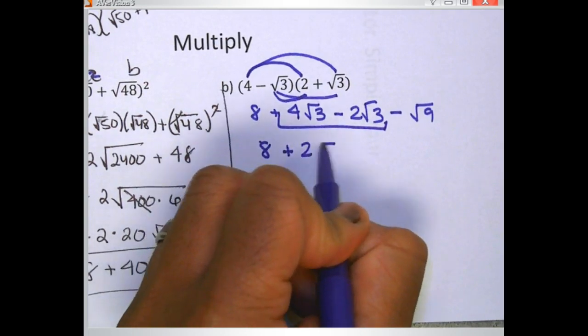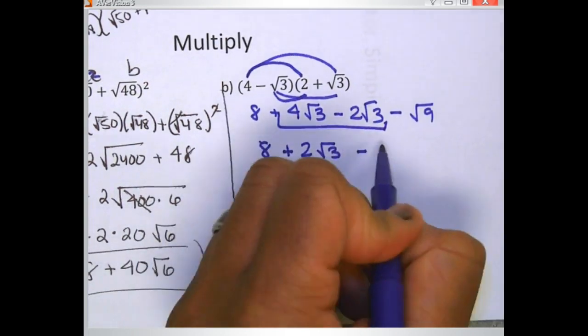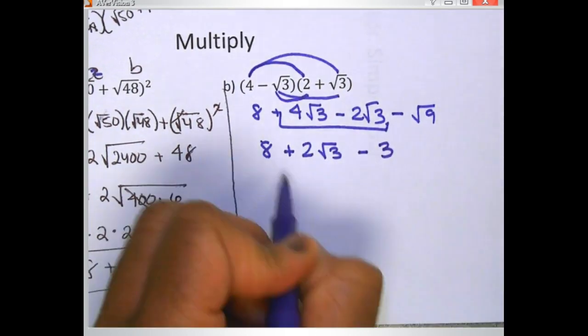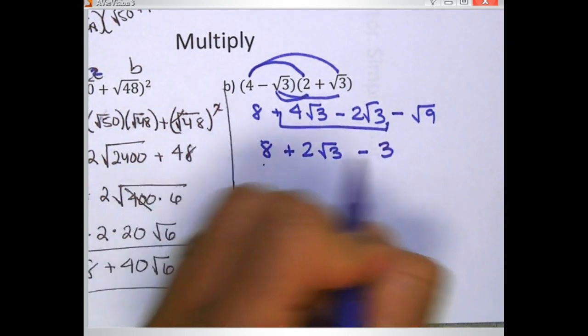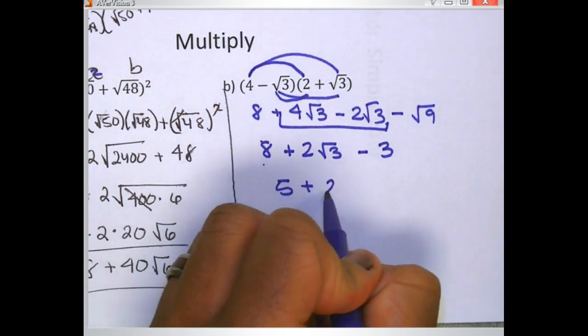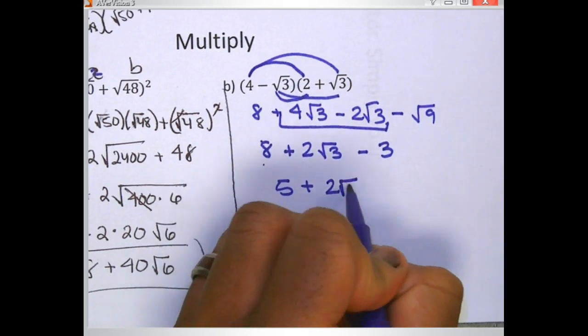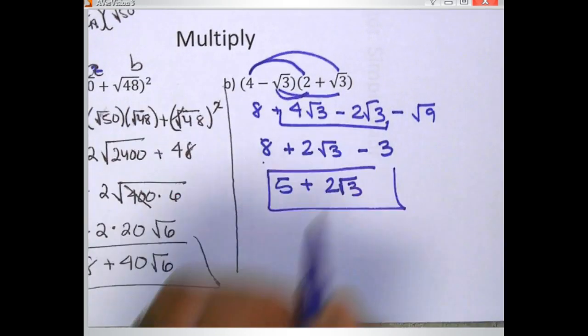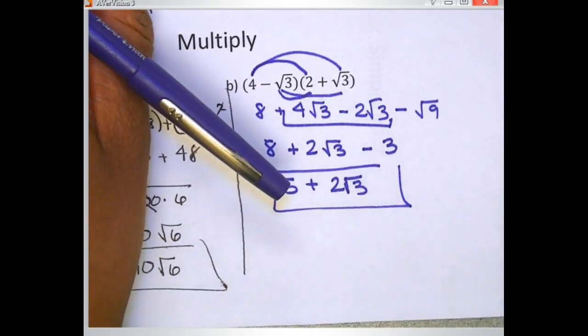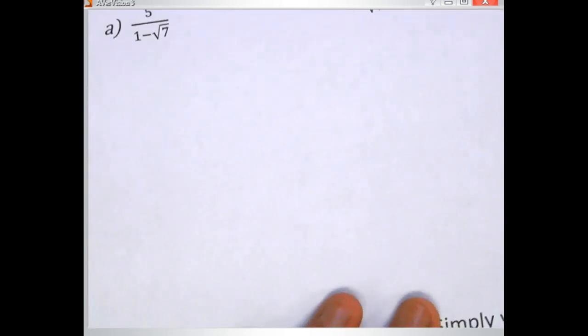So that's 2 radical 3 minus, what is the square root of 9? 3. Cool. 3 and 8 are like terms. 8 minus 3 is 5. Plus, I still have that 2 radical 3. There you go.